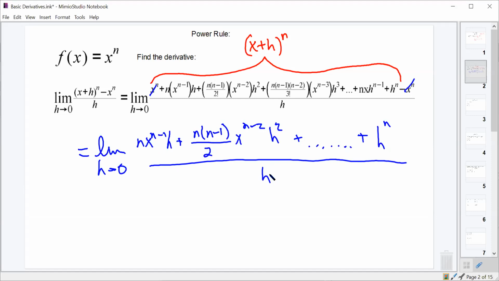Everybody good with that? We've canceled out the x to the n and the minus x to the n, but other than that, it should look exactly the same. Okay, so now all of those terms in the numerator have that h in them, and so we can divide all of those things by just the h, right? So what do we end up with? The first term just becomes what?